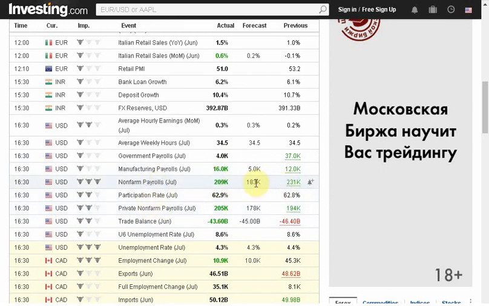The forecast was for approximately 20,000, and the previous numbers were revised to the upside. So it's a positive release. It's also interesting what the wage inflation is, and average earnings are also better than expected.